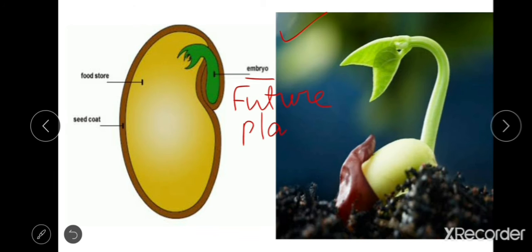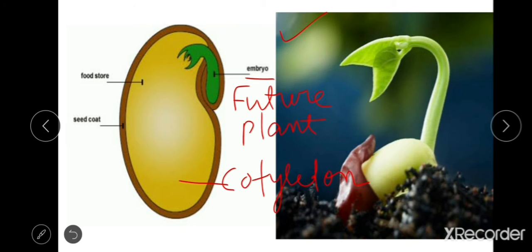This embryo needs nutrition, and hence there is a nutritious substance present inside the seed also, which is called cotyledon. This yellow structure, this large surface area, stores food and nourishes the embryo.